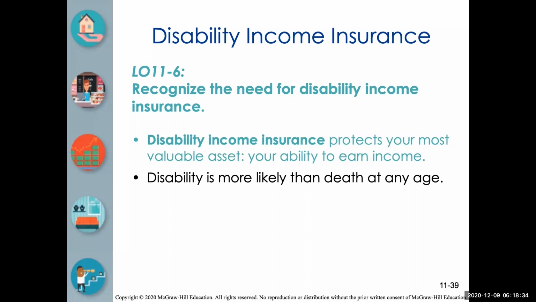And so when we talk about insurance products, a term life policy would pay out in the event of your death, right? But if you were simply disabled, there are no income benefits associated with a term life insurance policy. So disability insurance becomes more important in the conversation.